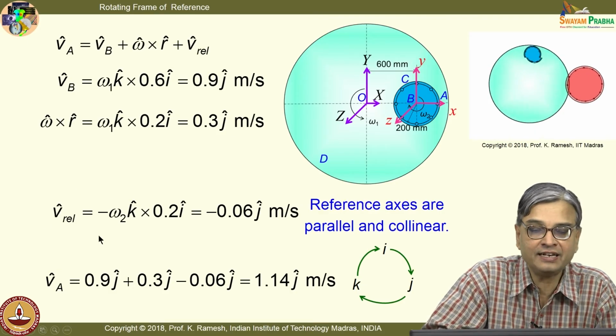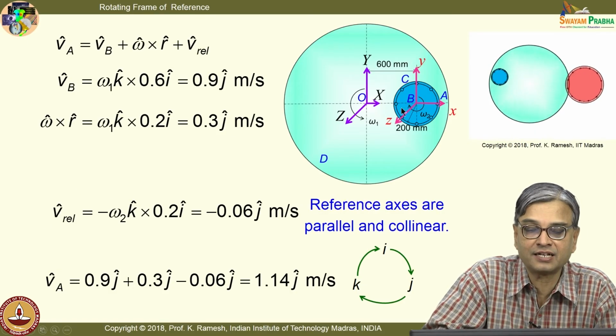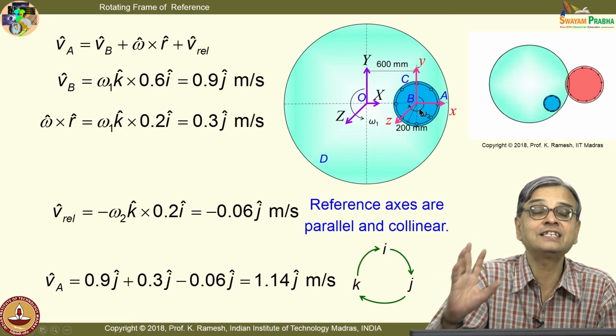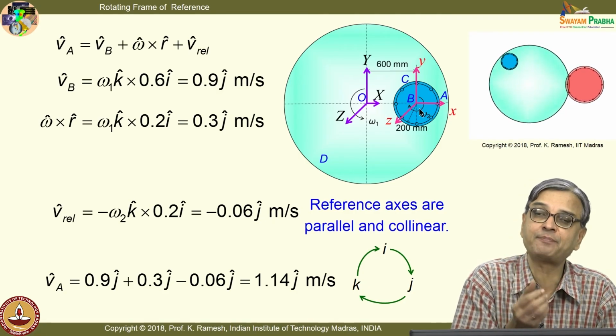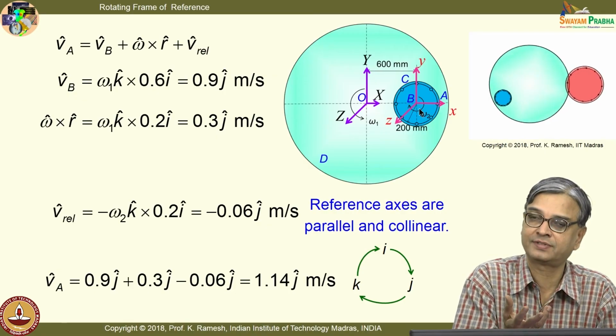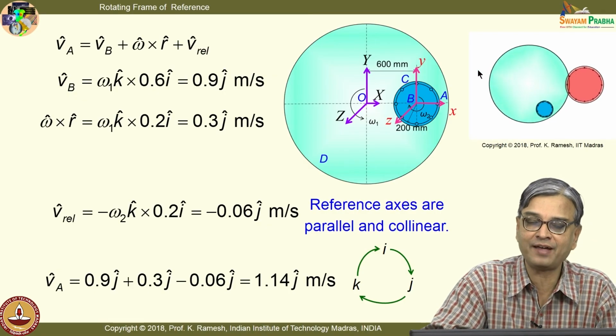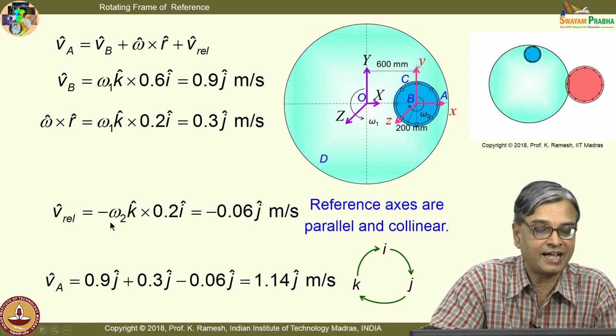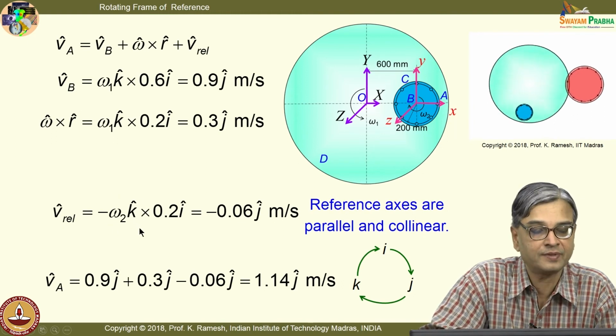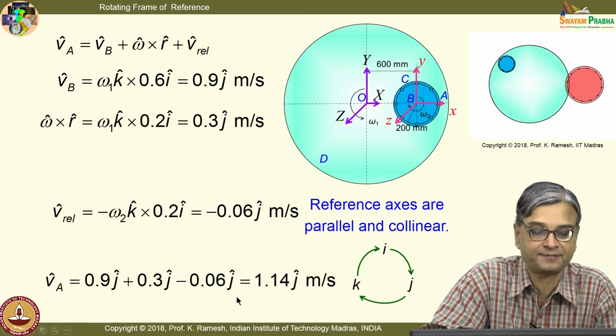And then the V rel, see I am in this platform, I am looking and observing what this is. This is also rotating, okay. It is also rotating, I perceive the velocity as omega 2. And because it is simply having a simple rotation like this, I get this as, this is clockwise, that is why I put this as minus omega 2 k cross 0.2 i, that gives me 0.06 j meters per second.